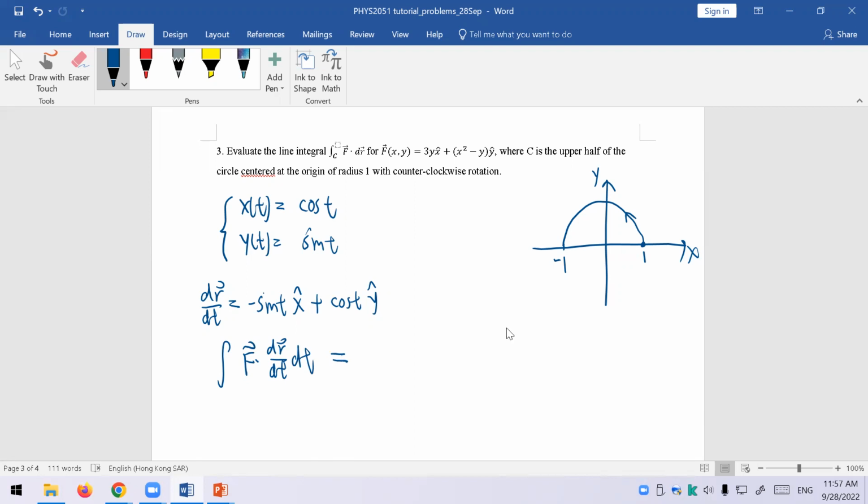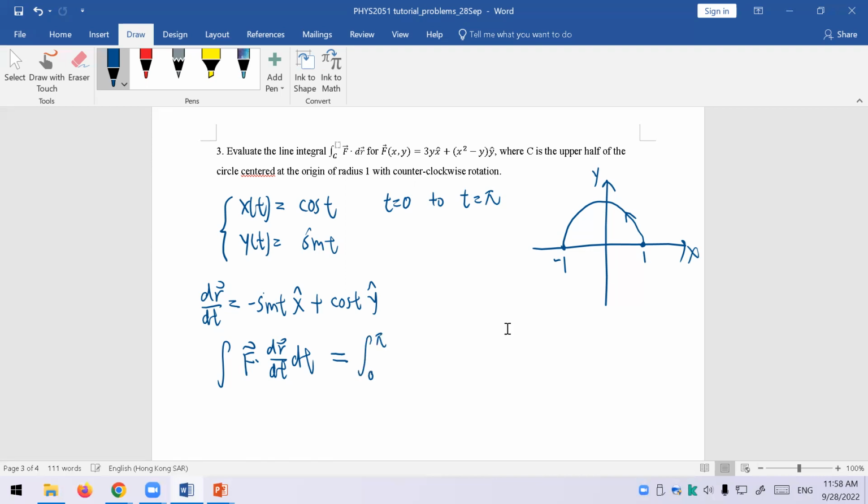So what about the limit? I go from here all the way to here. Well, when I'm here, t is 0. When I'm here, t is pi. Or you can always say that, okay, from t equals 2 pi to t equals 3 pi. That also works. Doesn't matter.